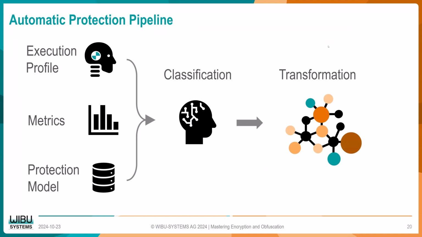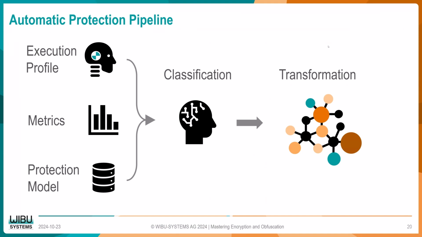We also have a little protection model where we scan the names of the functions and derive whether a function is important and sensitive and should be protected, or whether the name implies that the function is a high-performance function, and then we would not apply that many obfuscation techniques on it.